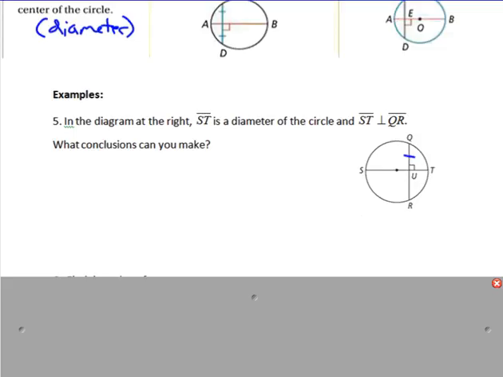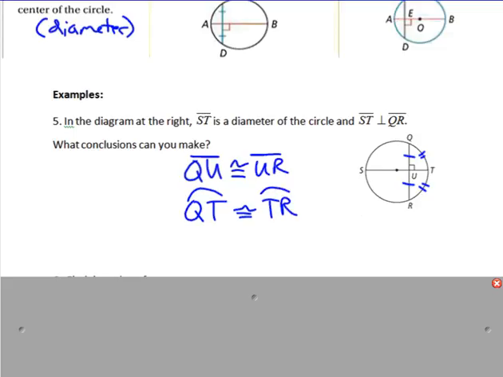So QU would be congruent to UR, those segments. It also bisects the arc. This arc is congruent to this arc, meaning arc QT is congruent to arc TR. All right?